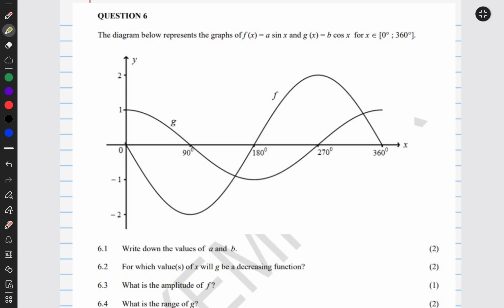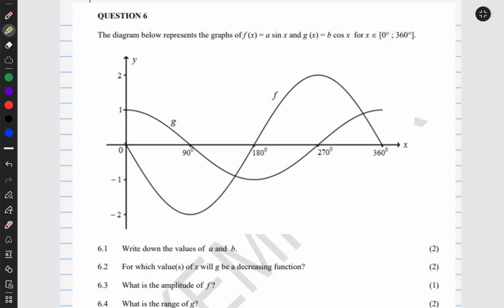So the domain is 0 to 360 degrees for both of these graphs.